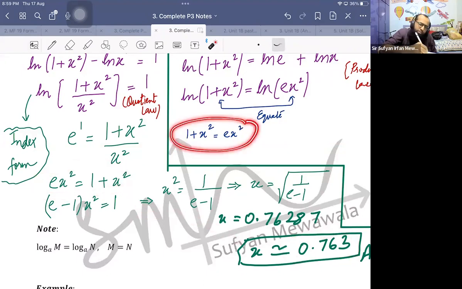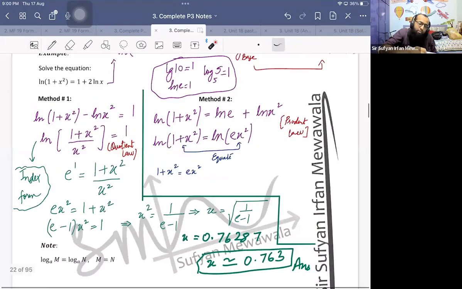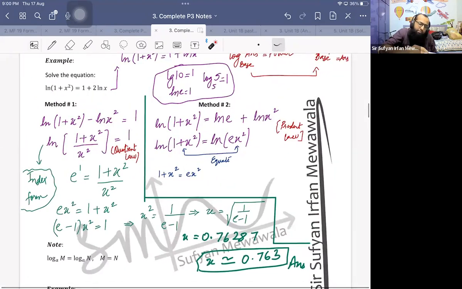After this step, the process is same, so no need to rewrite that process again. There's just a difference in the starting working. The initial steps are different. After that, the last few steps are same.